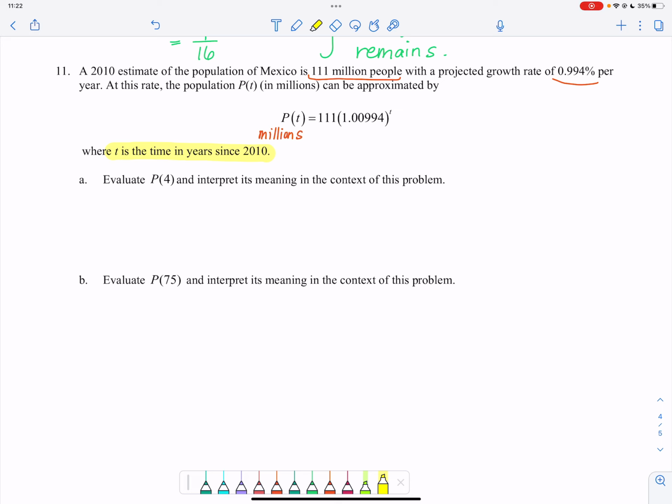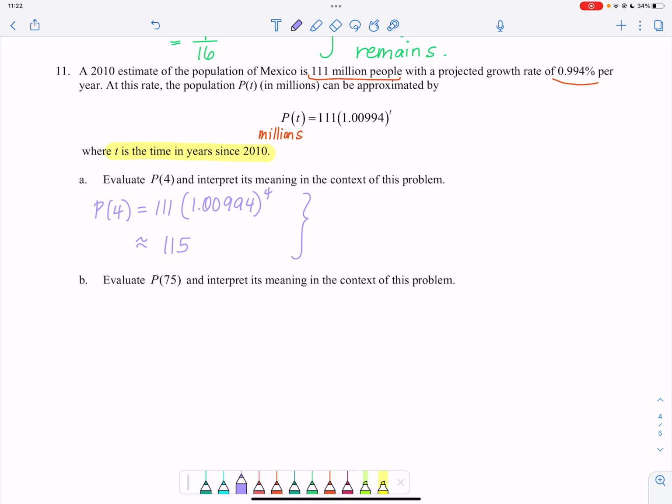So if we are asked to evaluate P of 4, P of 4 is equal to 111 times 1.00994 to the fourth power, and that's approximately equal to 115.